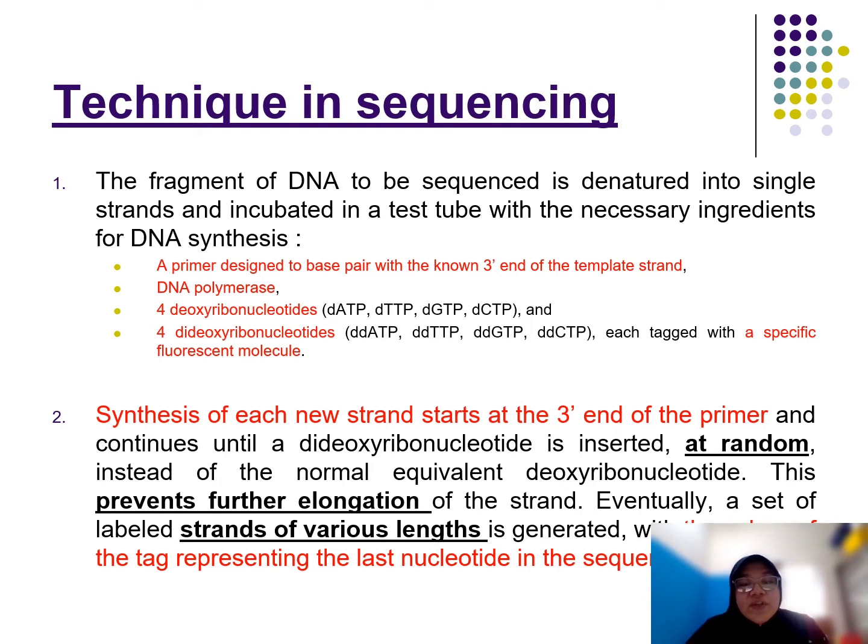What is dideoxyribonucleotide? It's a deoxyribonucleotide that is tagged with a specific fluorescent molecule. What is a fluorescent molecule? Molecules that give the presence of colors, which later help in detection under UV light.